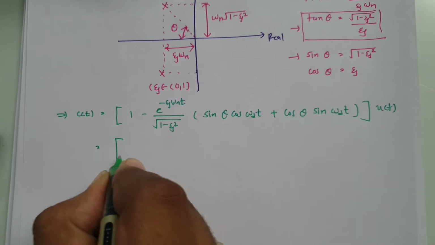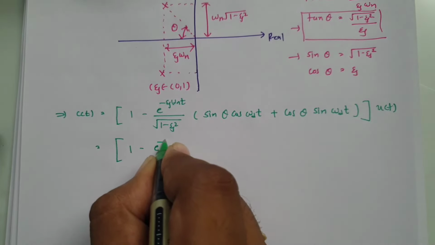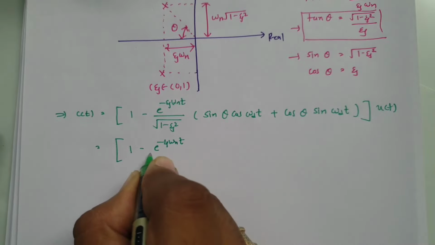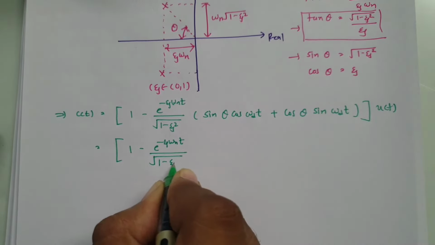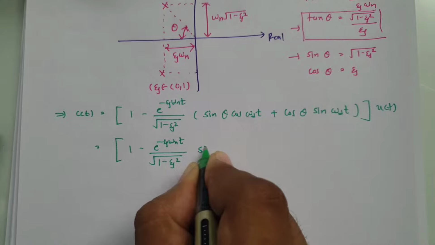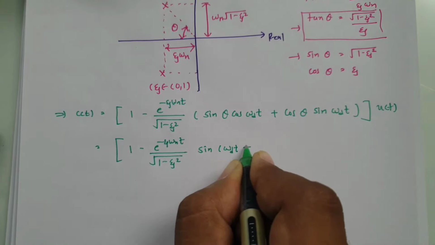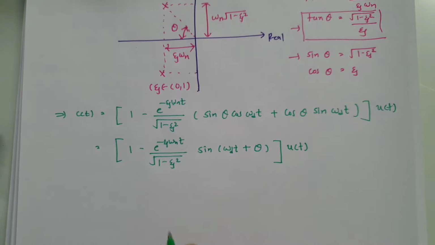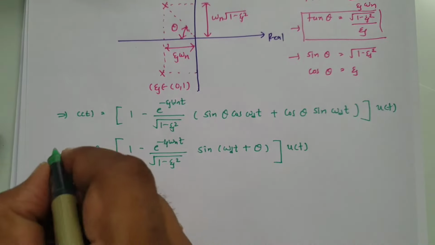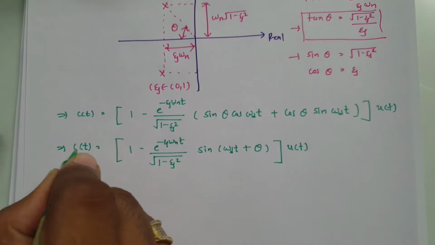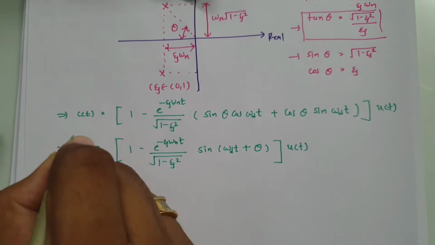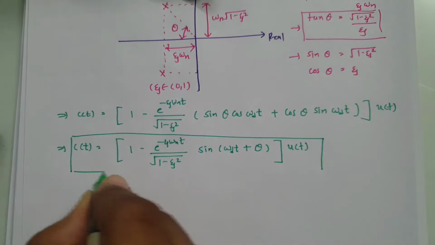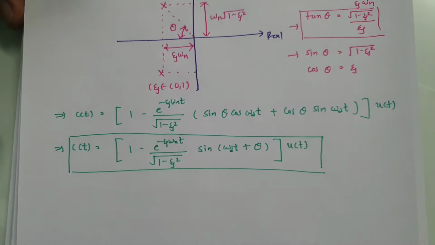So we can say c of t is 1 minus e to the power minus zeta omega n t divided by square root of 1 minus zeta square into sin of omega dt plus theta into u of t. So this is our response of a second order system if the input is a unit step.